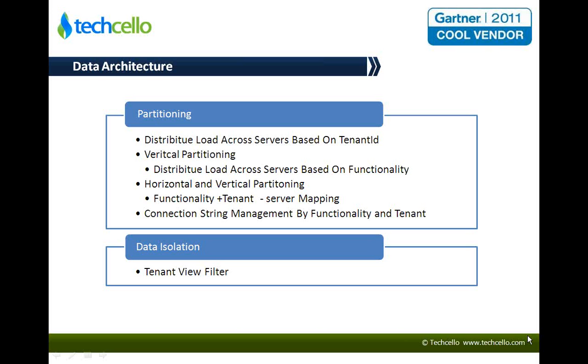So together, both the functionality and tenant are going to tell you where the data would be. Because of this, you might end up with some limitations in your implementations. For example, you cannot cross join databases just like that, right?